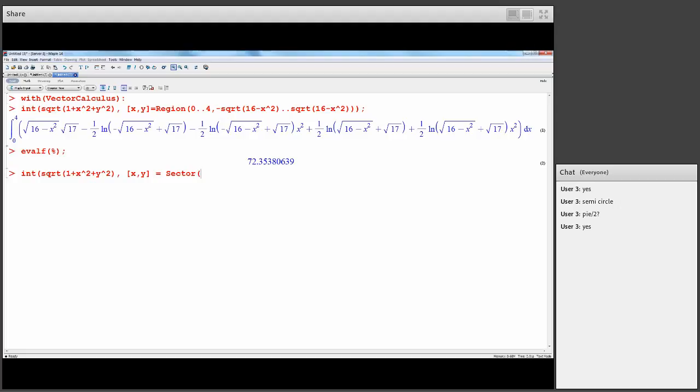The circle with the center at the origin and radius 4, between minus pi on 2 and pi on 2. Okay, so I'm integrating over a bit of a circle, the sector bit. The circle it's a bit of is that one there, so the center and the radius, and it's between these angles.